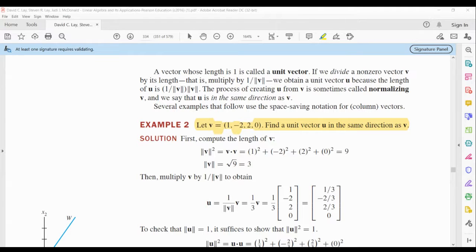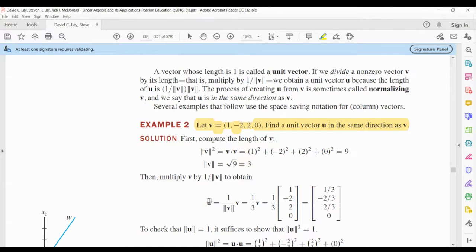So of course, we need to know the length of that vector v. The norm of the vector v is found to be 3. And all we need to do to normalize the vector v is take the vector v and divide it by its length, or by its norm.